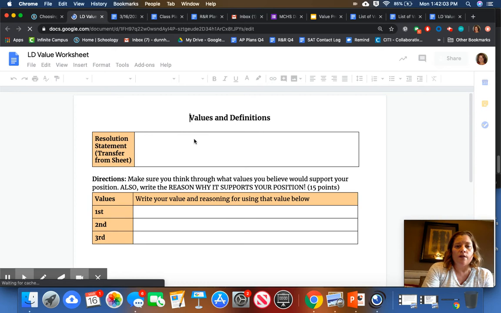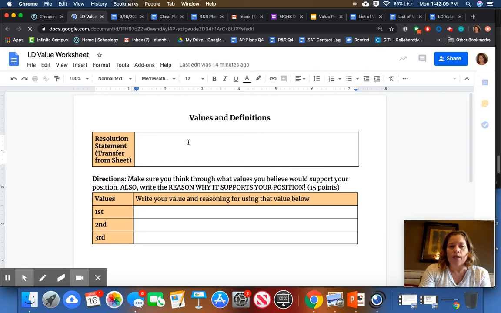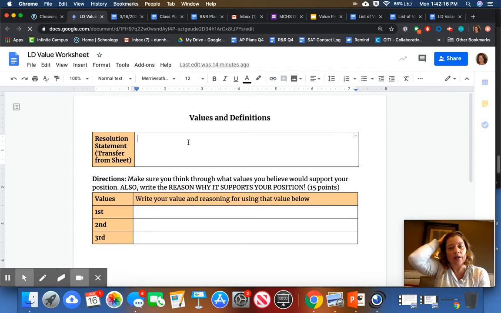So up here, you go back into your worksheet where you chose your resolution, and word for word, you rewrite your resolution statement right up there at that top line, so that I can see what your resolution is.